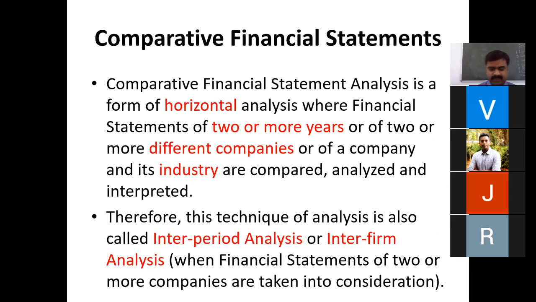There is no overlapping. Every student should take one company; no two students should take the same company. To avoid overlapping, I'll prepare a Google form and circulate it, and each student should give your company name. That company should be listed in the Bombay Stock Exchange.